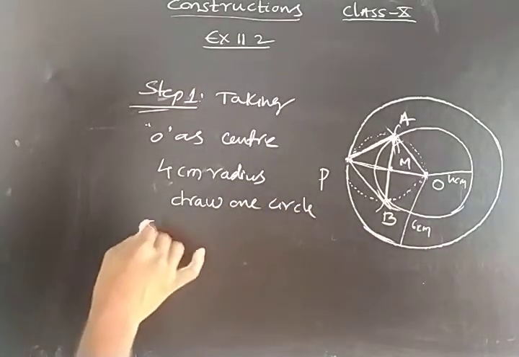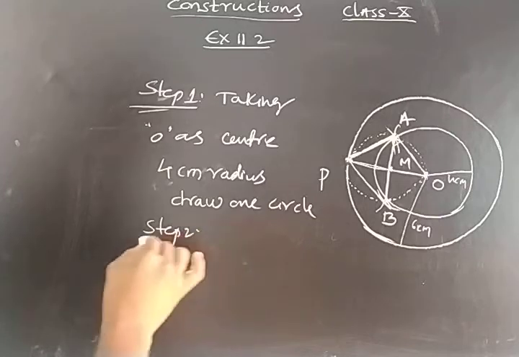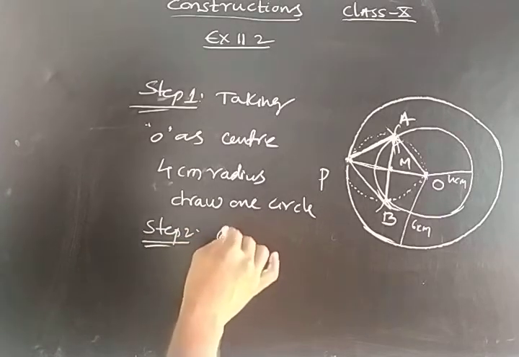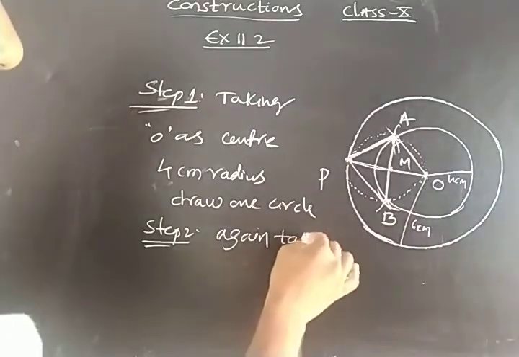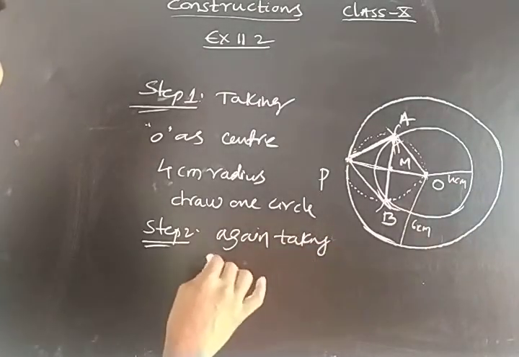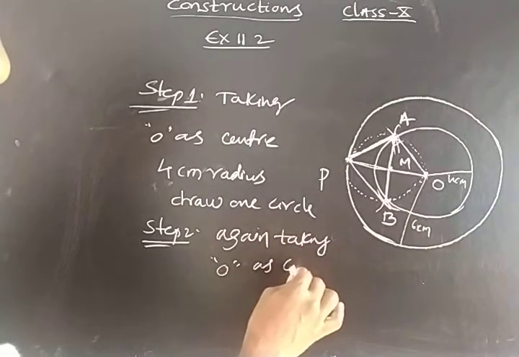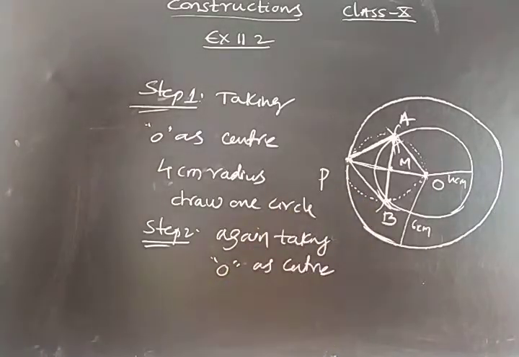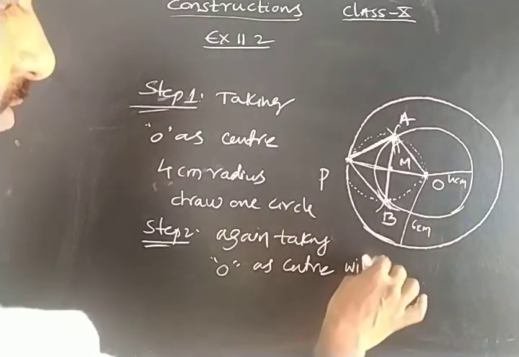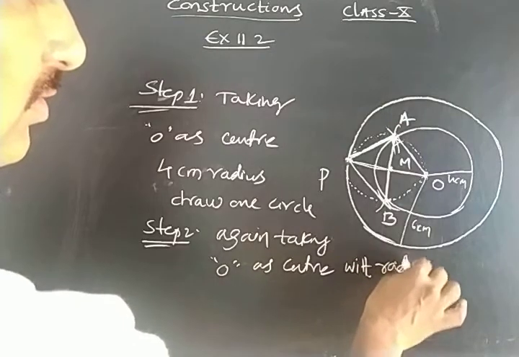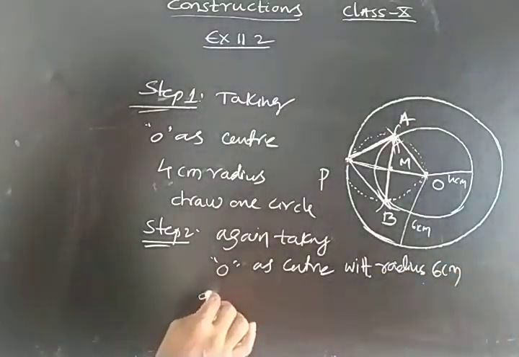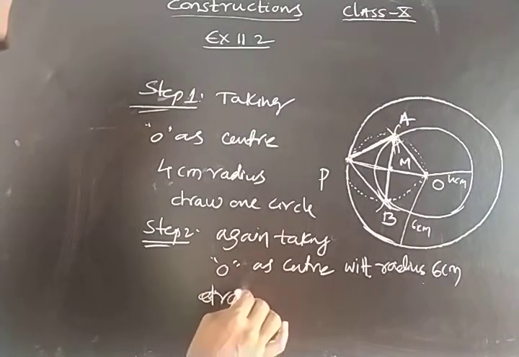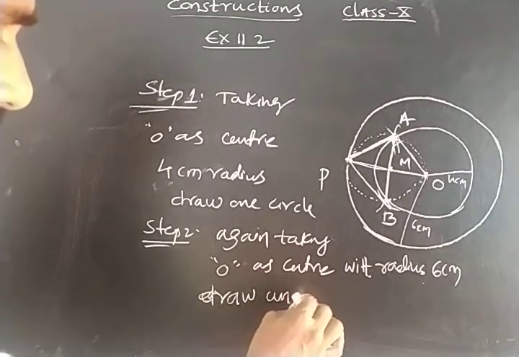Step 2: taking O as center with radius 6 centimeters, draw another circle.